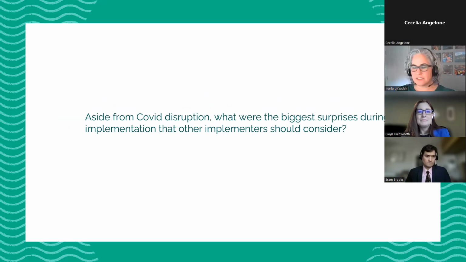If we could please go to the next slide. Gwen alluded to it, and of course, nobody is a stranger to how COVID has interrupted our lives over the past few years. But aside from the COVID disruption, what were the biggest surprises for you as a project director during implementation that other implementers should consider if interested in adopting and implementing Beyond Bias?